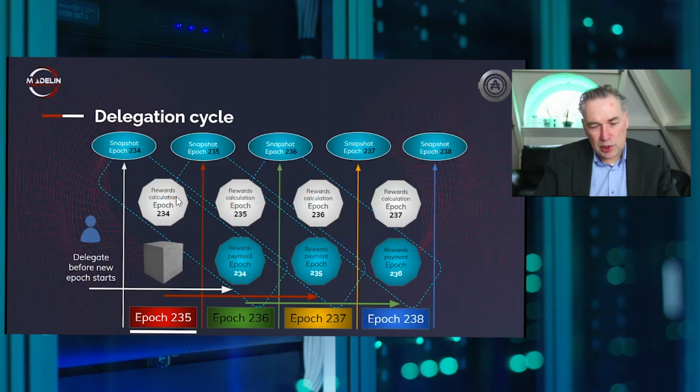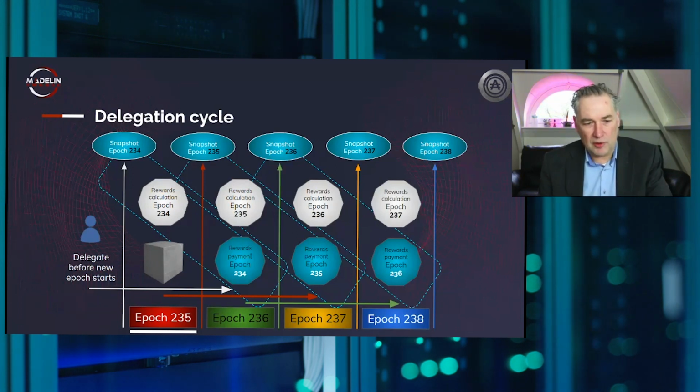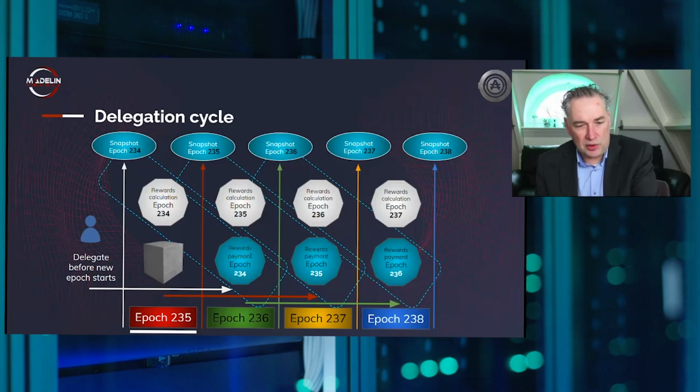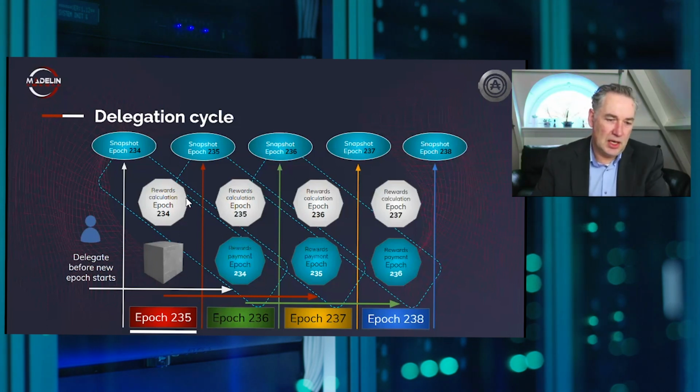And the reward calculation means basically that it is calculated how many rewards, on basis of the amount of blocks that has been produced in the previous epochs, the stake pool should get. And these rewards are being paid in the following epoch.